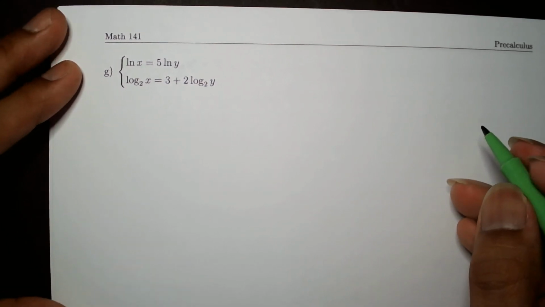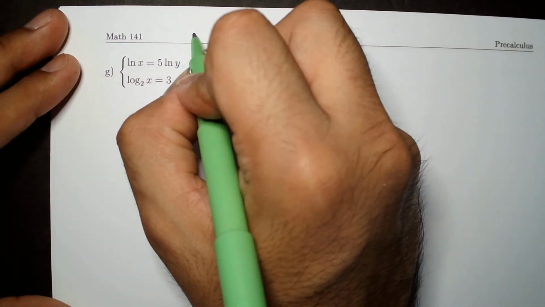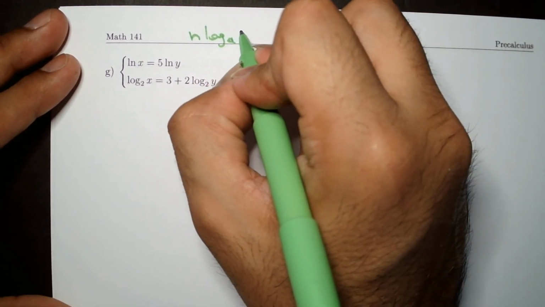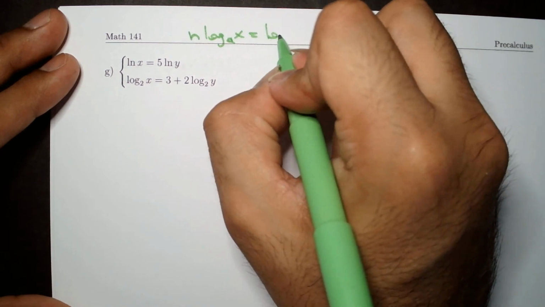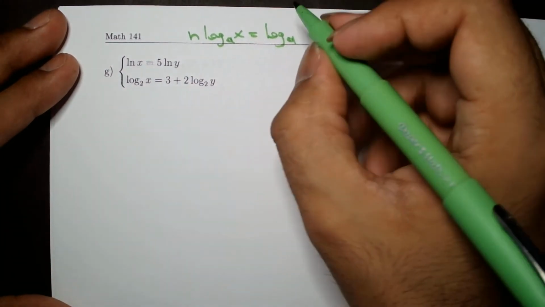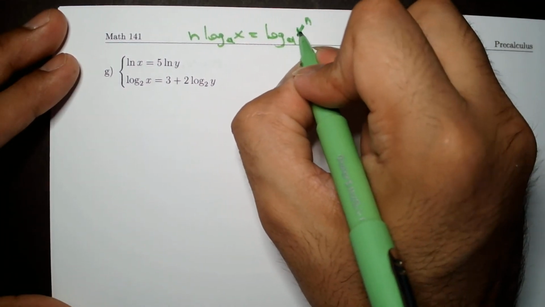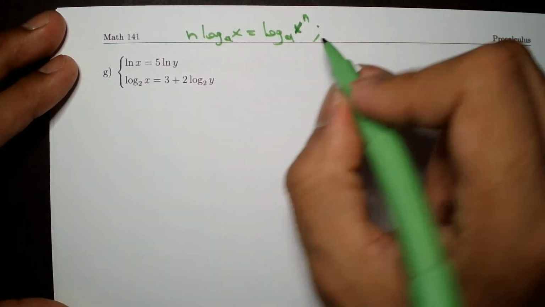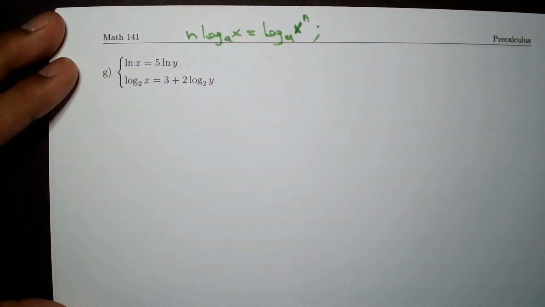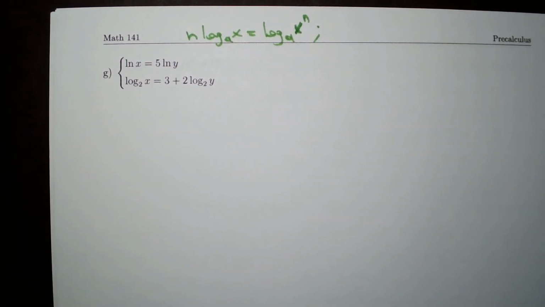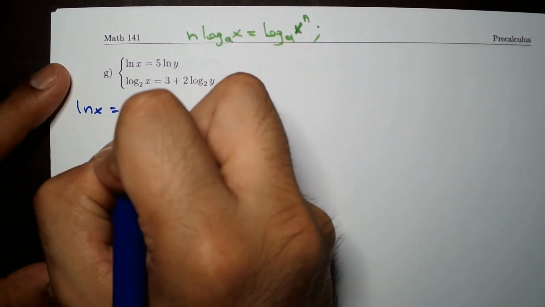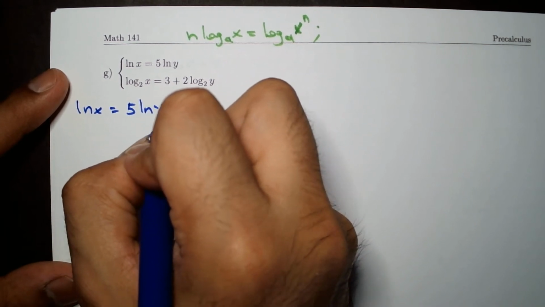You might want to recall that n log base a of x is the same as log base a of x to the n. That's the smackdown and basketball rule. And then we also have the sum and difference, or the product and quotient rules. So this is what I'm going to do. I'm going to write these two equations separately. ln of x equals 5 ln of y.